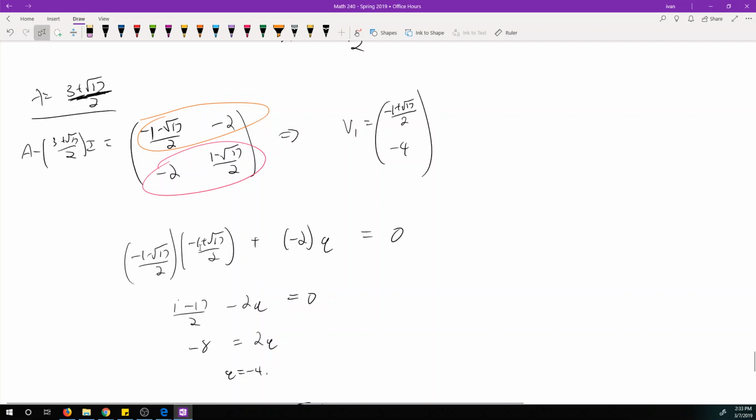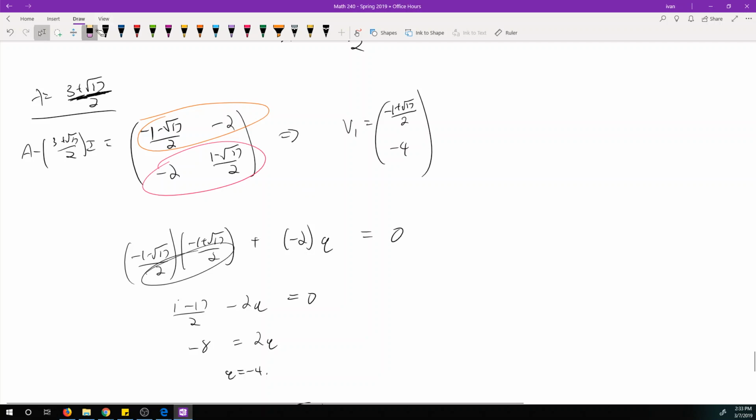Negative 1 minus root 17, negative 1 plus root 17. It's negative 17. That's positive 1. Oh, this is over 4. Oh my god. Yes, the denominator should be over 4, right?